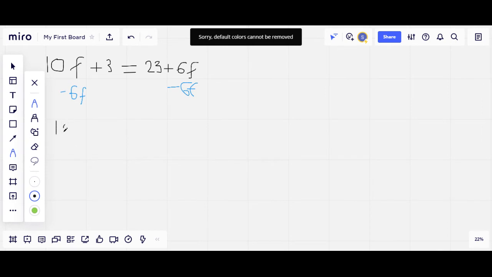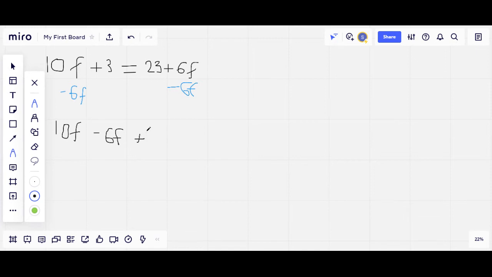We have 10f minus 6f plus 3 is equal to 23. So all we've done there is move this 6f over to here. So the next step is just to simplify this 10f minus 6f.